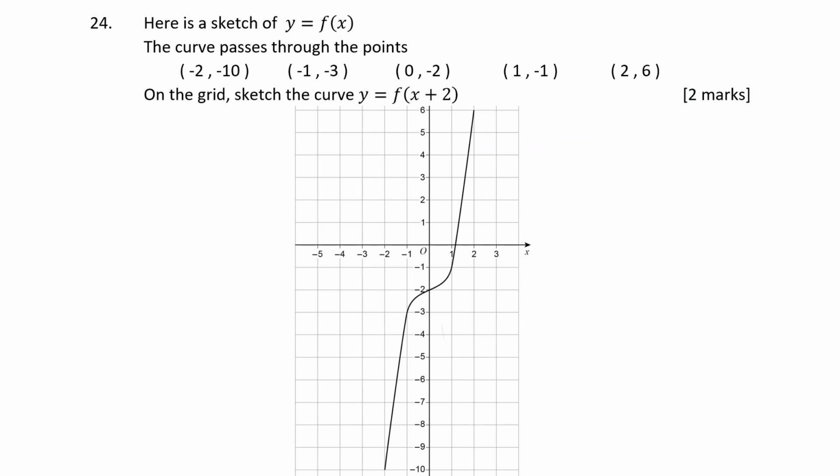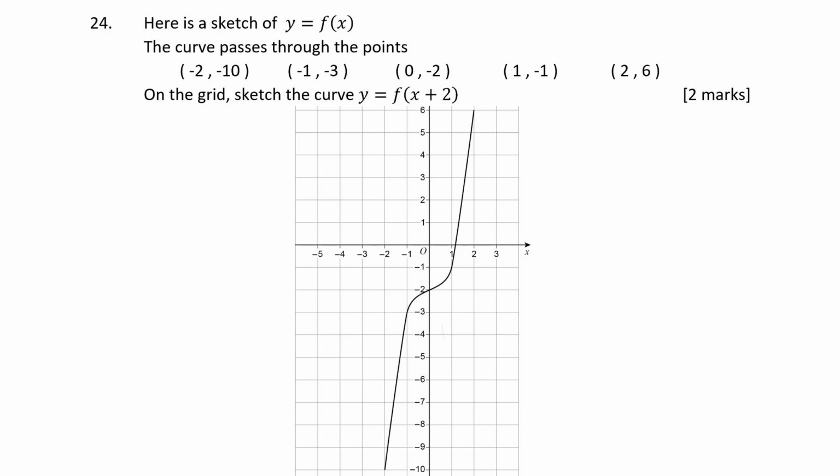Question 24. Here is a sketch of y equals f of x. The curve passes through the points minus 2, minus 10; minus 1, minus 3; 0, minus 2; 1, minus 1; and 2, 6. So it looks like a kind of a cubic curve to me. What do we need to know? On the grid, sketch the curve y equals f of x plus 2. So we've got a transformation of graphs question here.